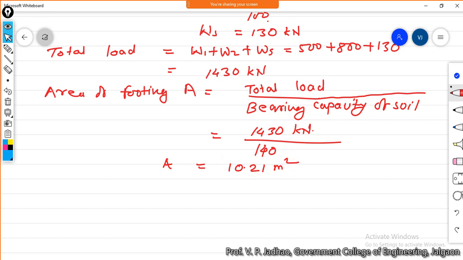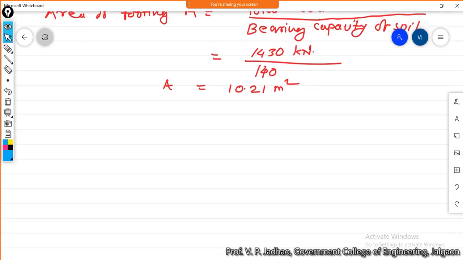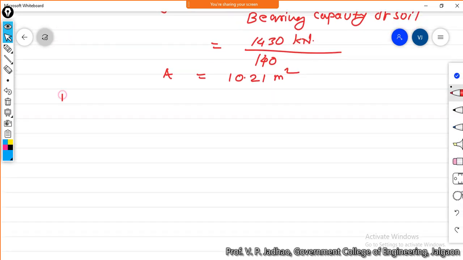But we have already calculated the length of our footing as 5.72, therefore we can calculate the width of our footing. We know area of footing is equal to B into L. We have the area of footing as 10.21.